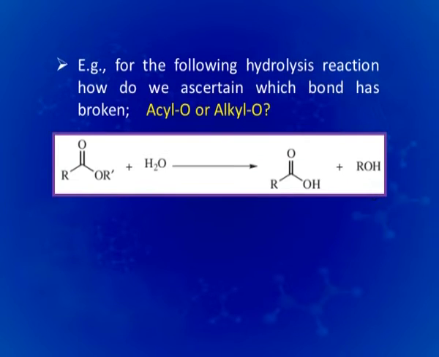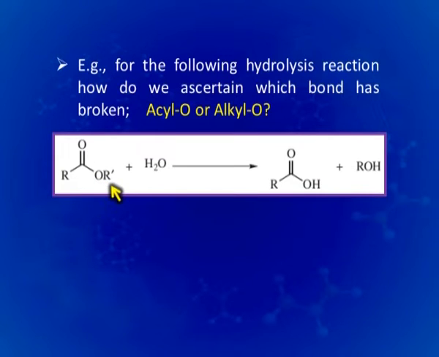Now, there is a possibility of bond breaking in two ways. One is either this CO bond, which is the acyl bond, and another is OR, which happens to be the alkyl oxygen bond.